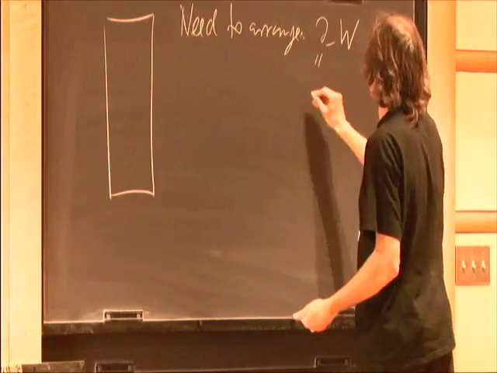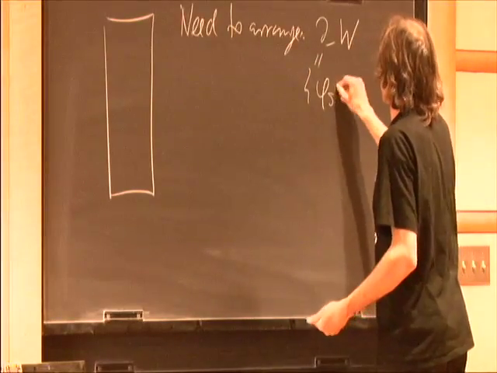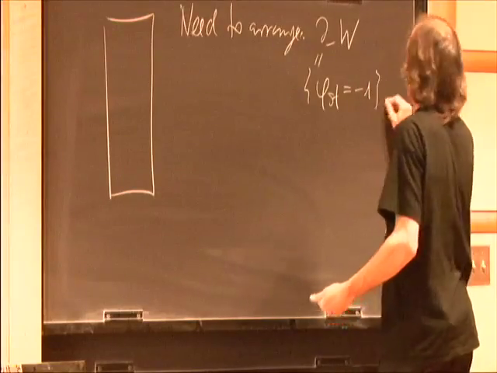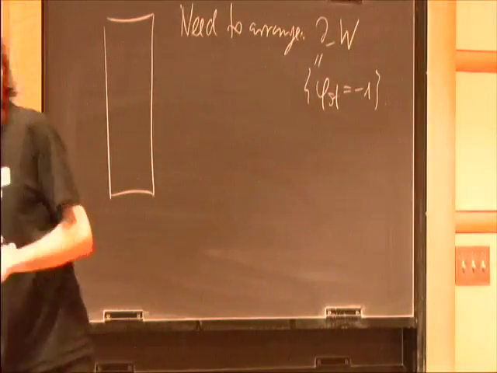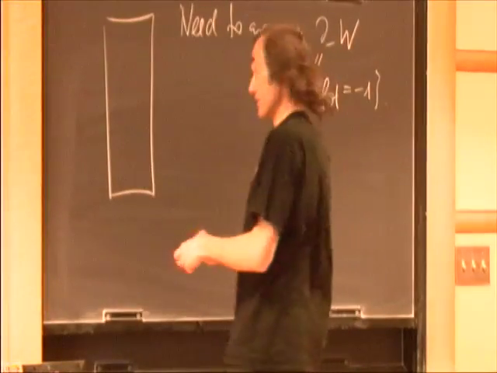Yeah? This is given by phi standard equal to -1. This was the standard function from which we can construct our J-convex hypersurface.